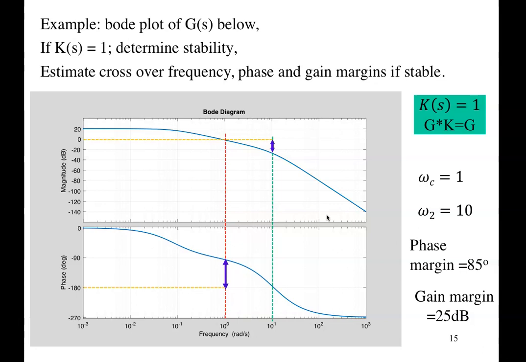Now let's assume in the first instance K(s) equals 1. If K(s) equals 1, then G times K equals G, as I showed in the green block here. Now if K times G equals G, then the Bode plot of G times K is the same as the Bode plot of G, which is what we have on the left-hand side.